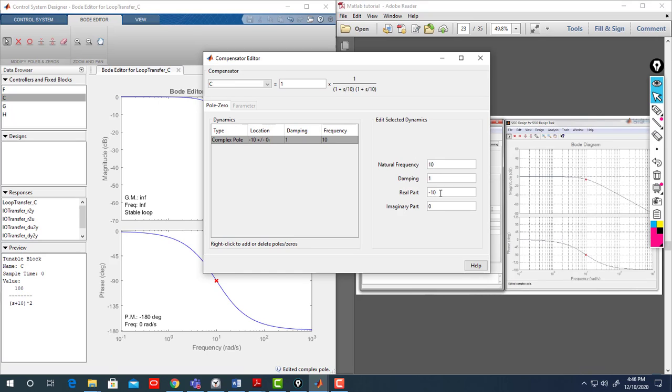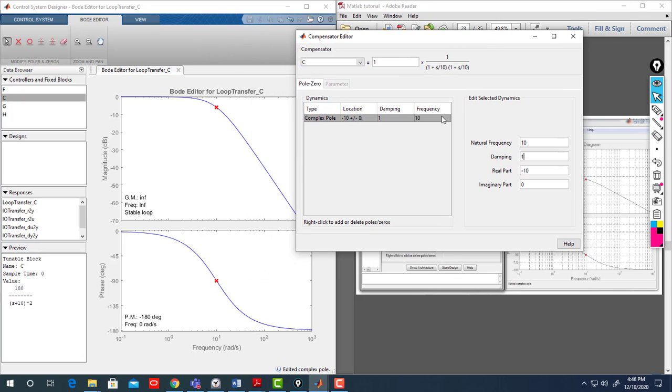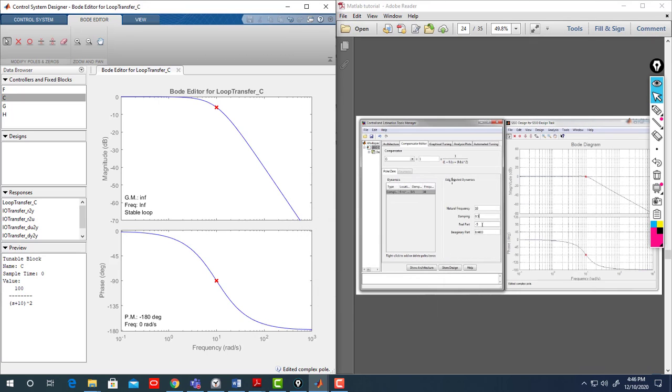Then your real part is minus 10. So you see natural frequency, s over 10. 10 is the frequency, and this is a second order system with real poles at minus 10. That's why its damping ratio is 1. Nothing new.